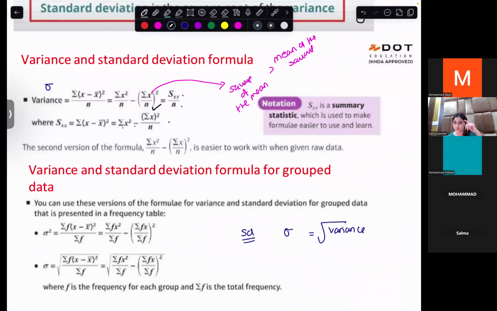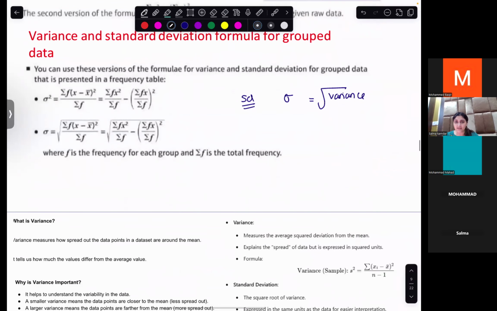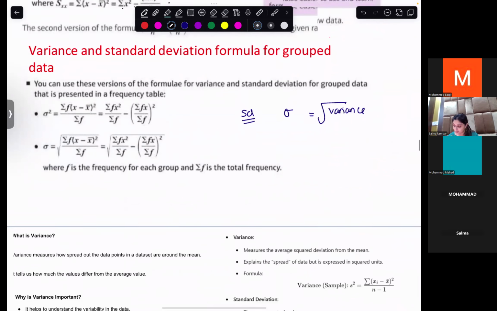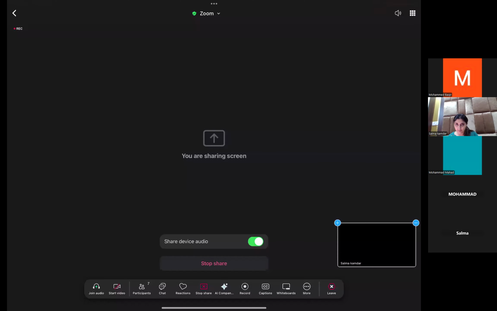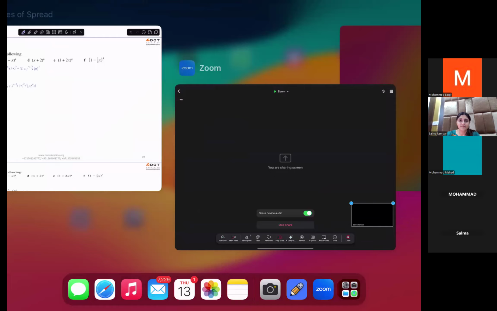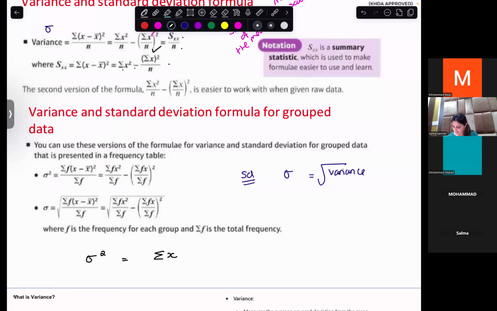Again, can you give me the formula for variance, please? I'm giving you a minute's time. Please write it down. Formula for variance: mean of the square minus square of the mean.